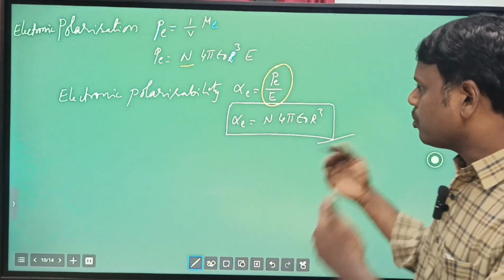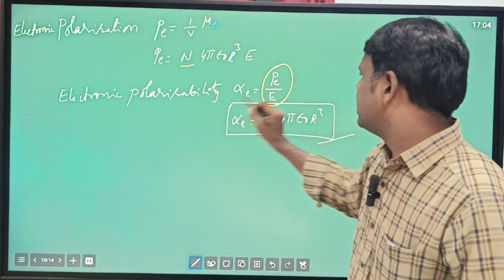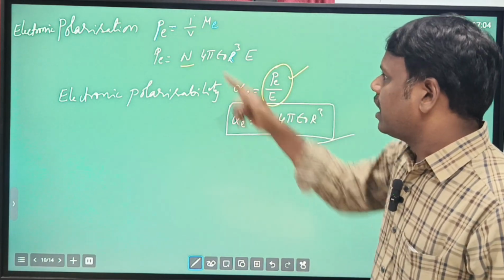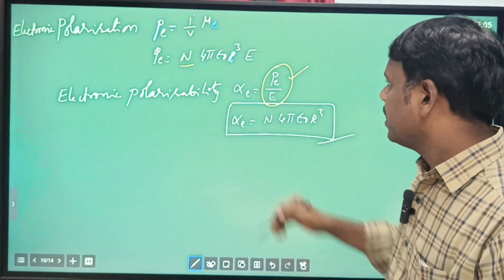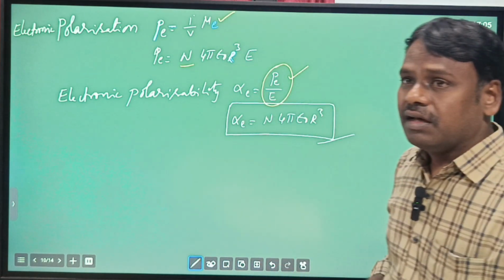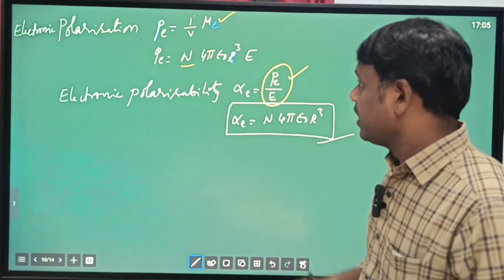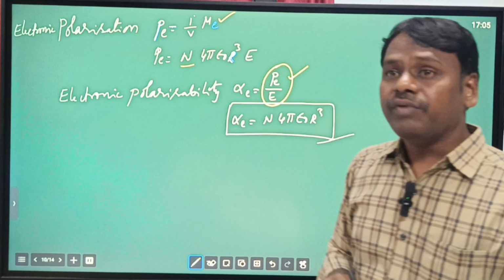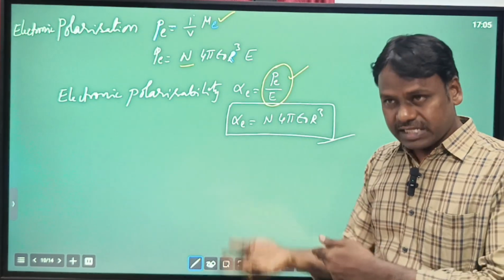So in order to get the electronic polarizability, we need to find the electronic polarization. In order to get the electronic polarization, we need the dipole moment. In order to get the dipole moment, we need to calculate the displacement.